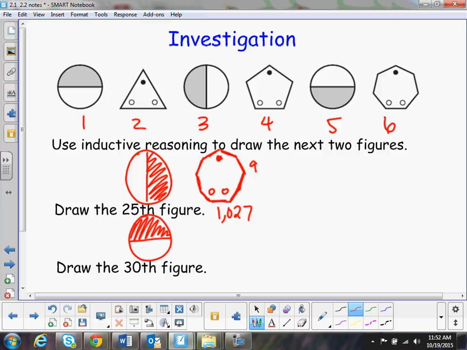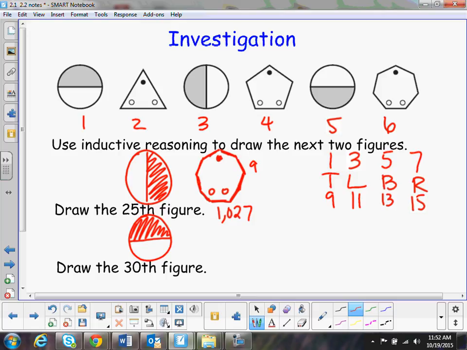Okay, so let's double check. This is a good way to check and use some more inductive reasoning. So the first 4 are all the different pictures: shaded on top, shaded on left, shaded on bottom, and then shaded on right. And then this is 9 and 11 and 13 and 15 and so on.